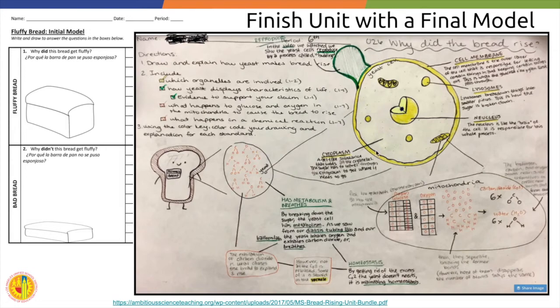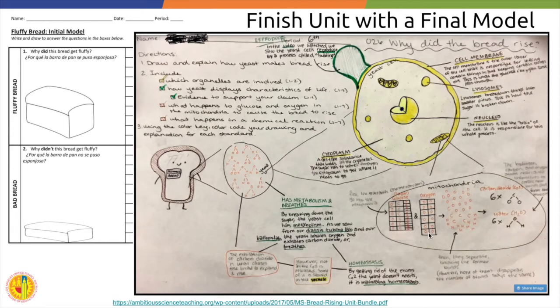In the yeast cell, the student has drawn the cell wall, a lysosome, the nucleus, the cytoplasm, and the mitochondria. Then the mitochondria is zoomed in on, and there the student illustrates the glucose molecules and the oxygen, and how inside of the mitochondria those go into forming carbon dioxide and water.